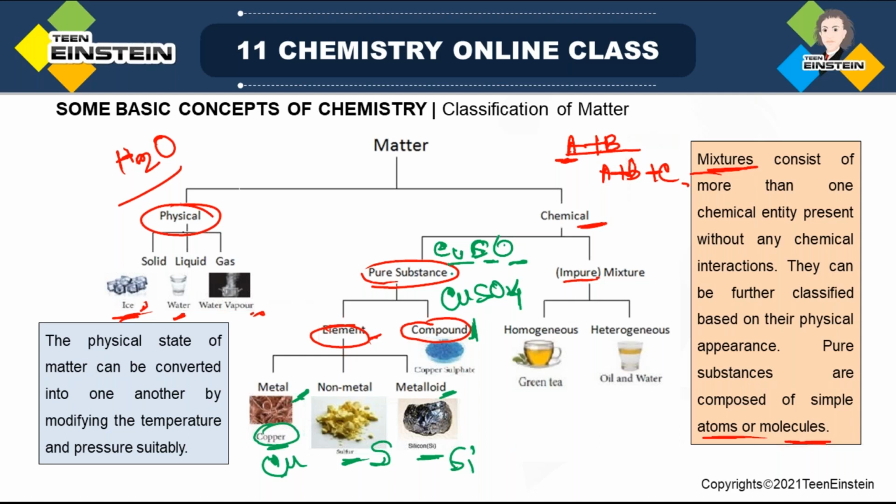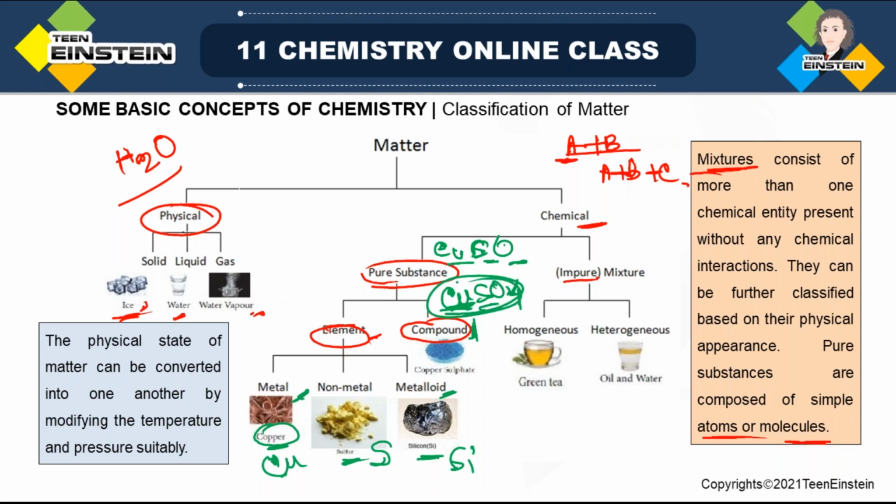So individually, you will not find the properties of pure copper, pure sulfur or pure oxygen, because now these three elements together have a chemical bond between them. They have formed this compound. The individual properties of copper, sulfur and oxygen are no longer present. Now they have formed a completely new compound, which is copper sulfate. But copper sulfate in itself is a pure compound.